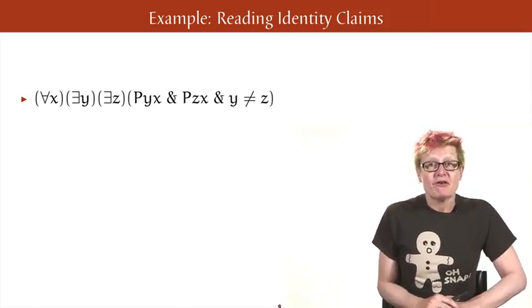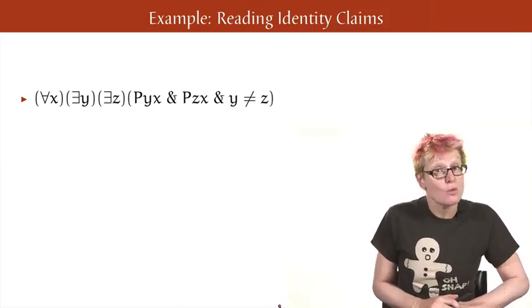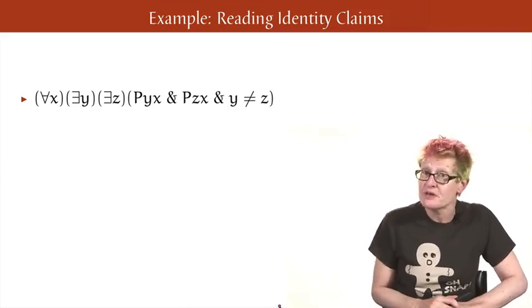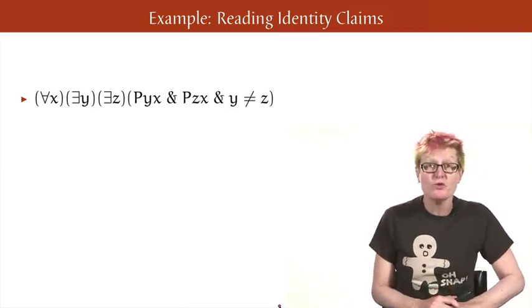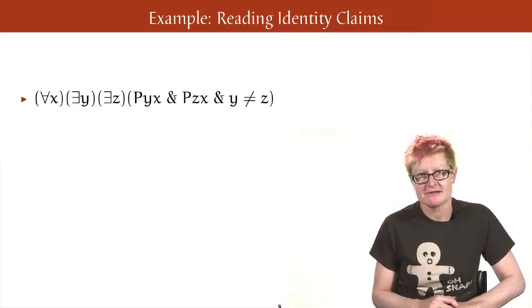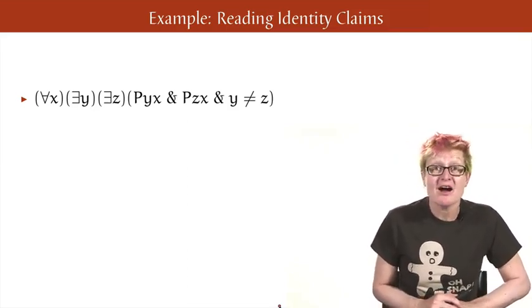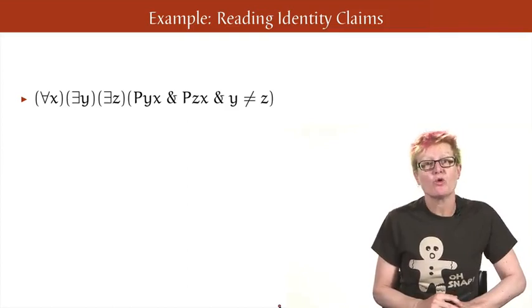It says for every X, there exist Y and Z different from each other, both of whom are as poor as X. More informally, everyone has at least two people as poor as them.